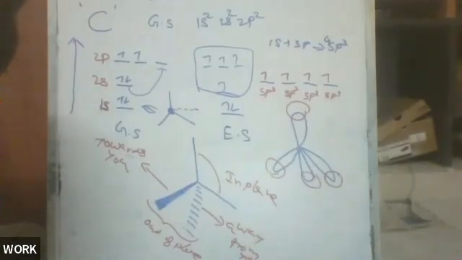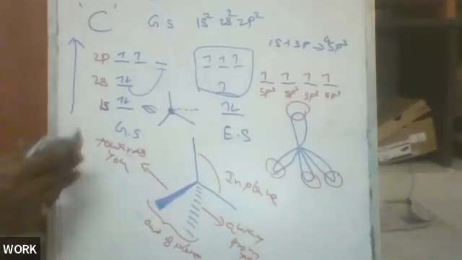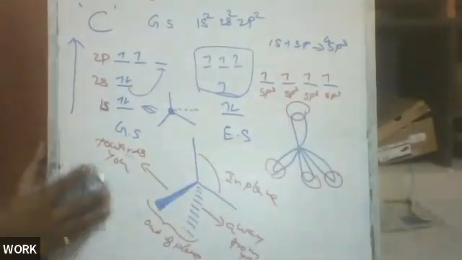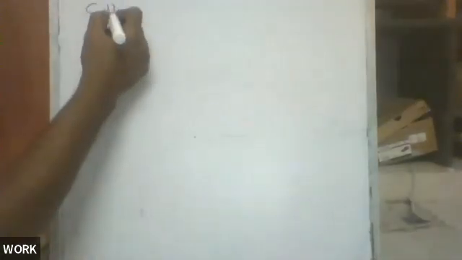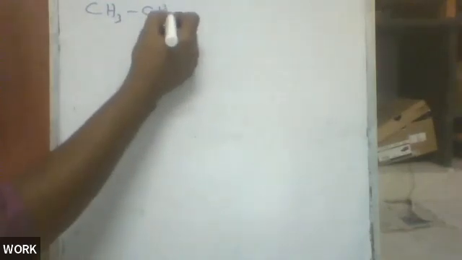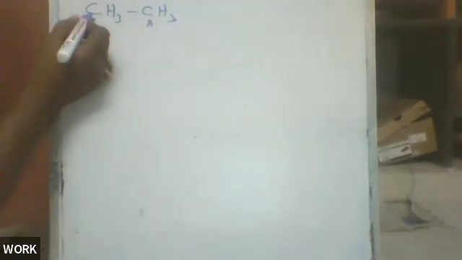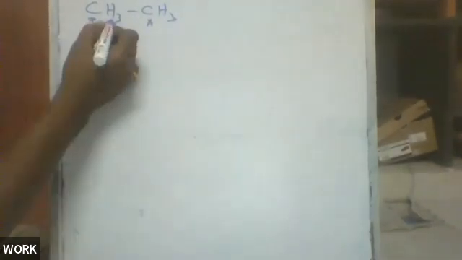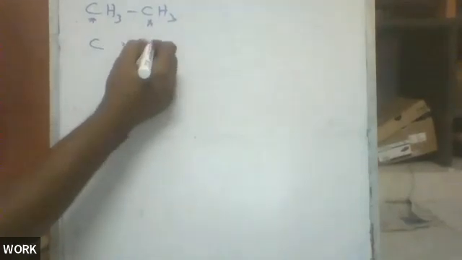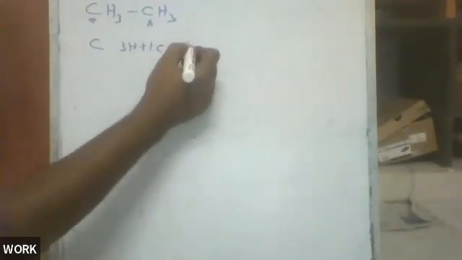Okay, sir. So it leads to sp3 hybridization. When you are taking the ethane molecule, CH3 CH3, this carbon is going to be hybridized. Look here, the carbon which is attached to 3 hydrogens and 1 carbon forms 4 bonds in total.